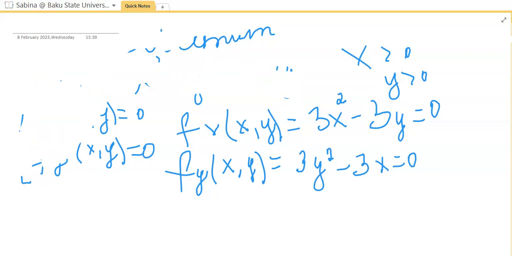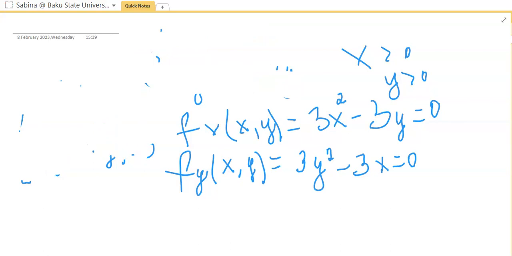Then what else can we do here? We just use these two equations in order to find the values of x and y. Let's divide both sides of this equation by 3. It will be x squared is equal to y.